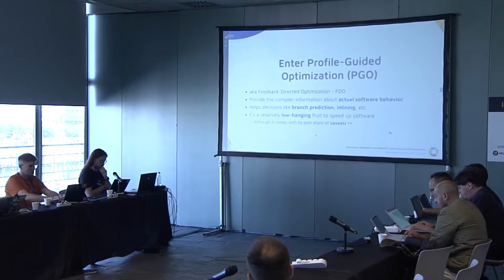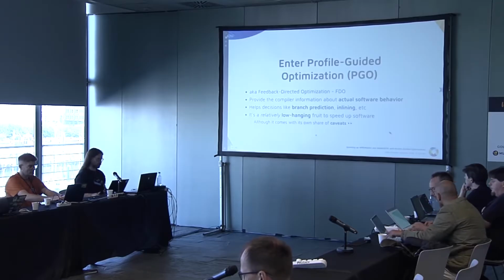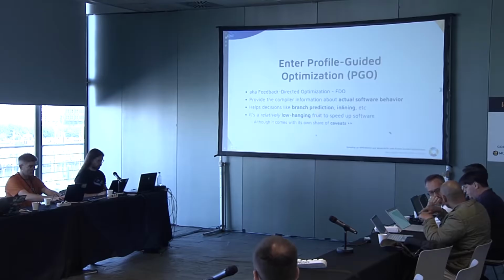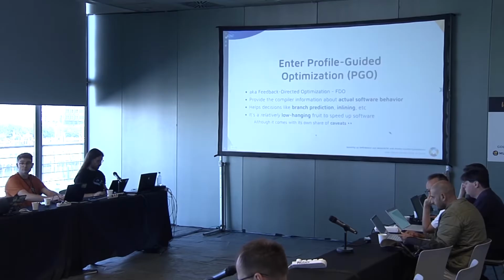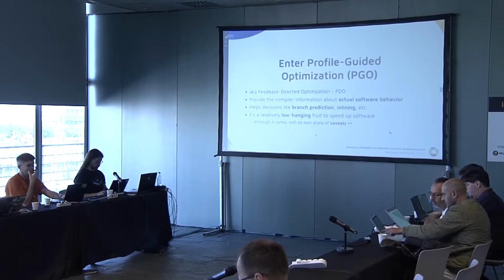There are other names like instrument and directed optimization, and they all have in common this idea of providing the compiler some information about the real use cases or workloads of the software it will generate, instead of just trying to guess from heuristics or other annotations like the likely and unlikely attributes.